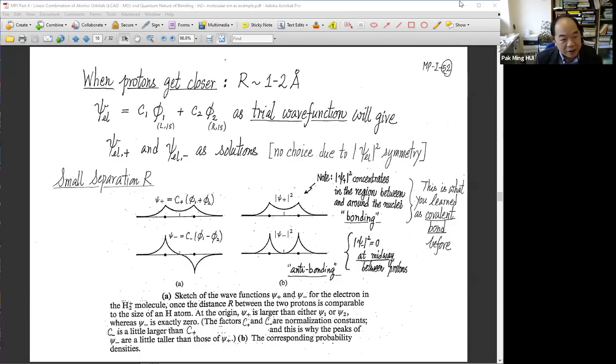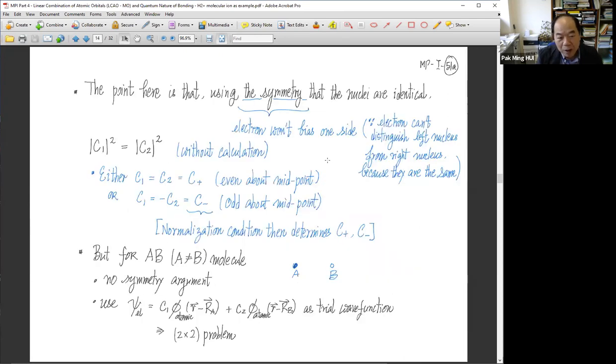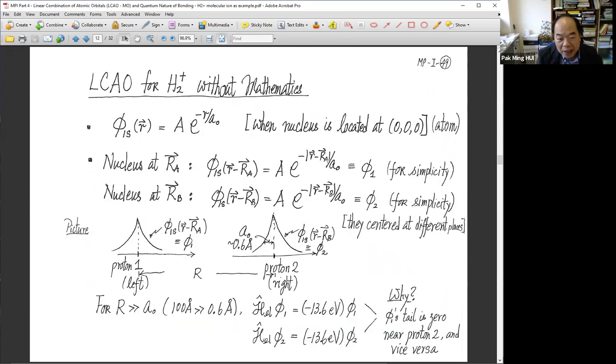So we were somewhere in part 4 of the module, physics of molecules. Let me remind you of the problem. We put two nuclei fixed at a distance r, and then we only have one electron.